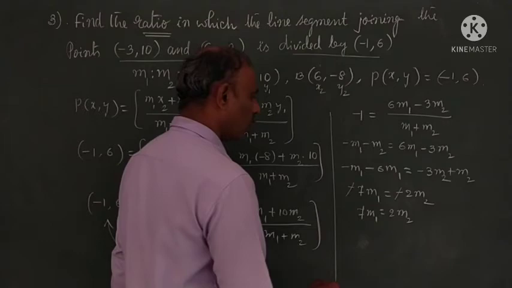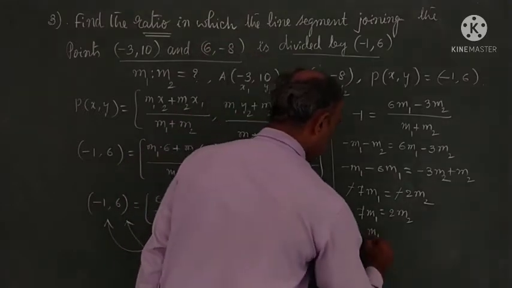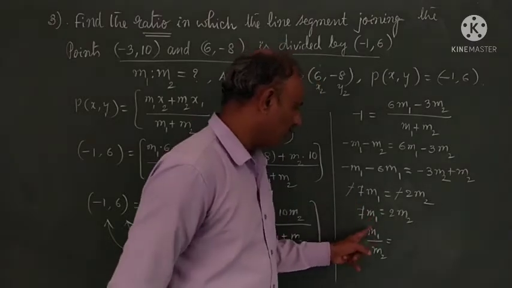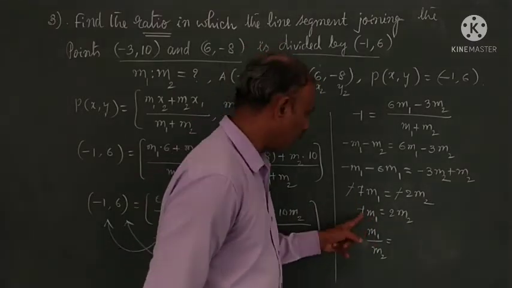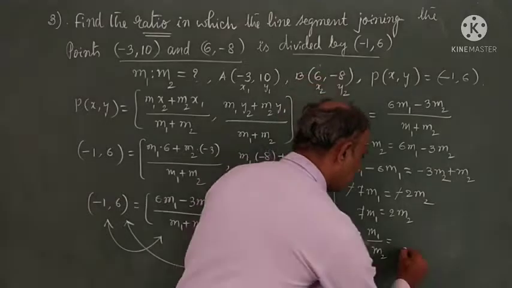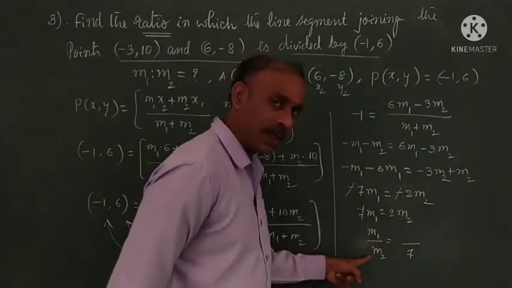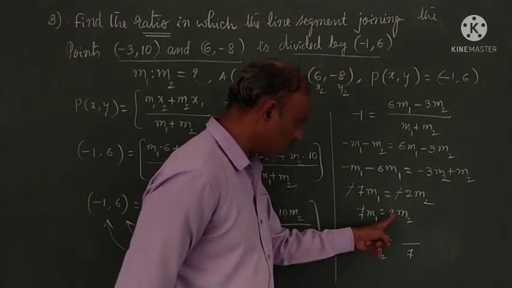Right? So I am going to write m1 by m2. m1 stays here, so 7 goes to the denominator, and m2 I shifted, so 2 remains there.